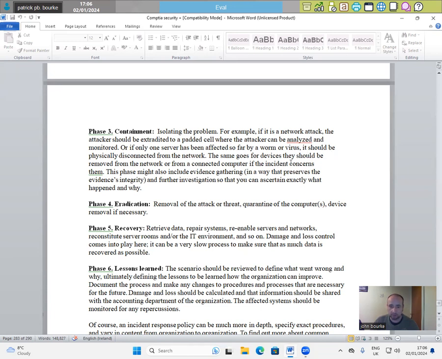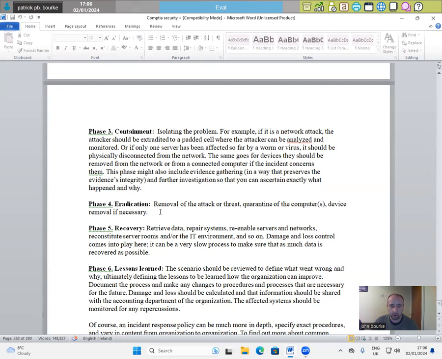The same goes for devices. They should be removed from the network or from a connected computer if the incident concerns them. This phase might also include evidence gathering in a way that preserves the evidence integrity, and further investigation so that you can ascertain exactly what happened and why.